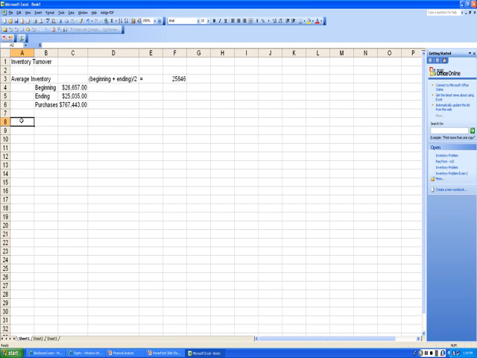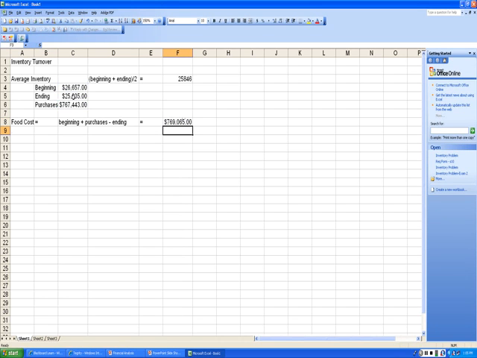To figure out our food cost, that's going to be equal to beginning plus purchases minus ending.